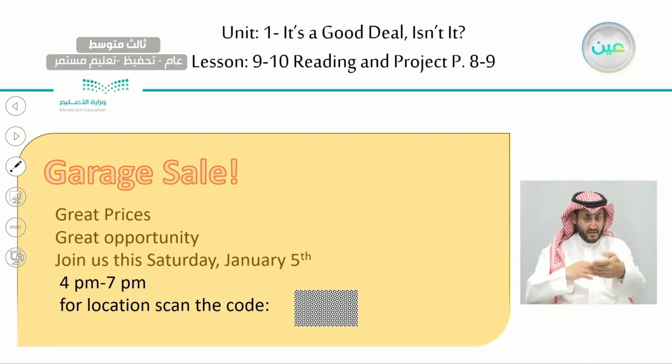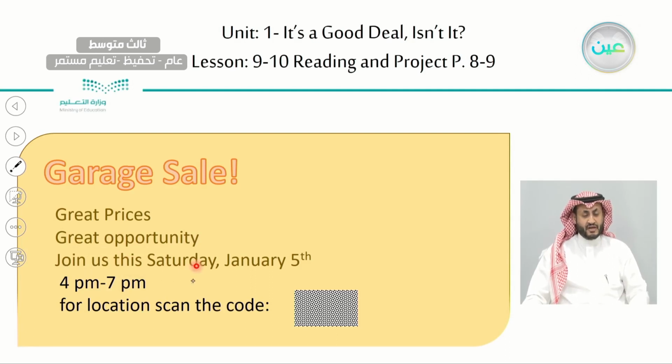This is the announcement for the garage sale. I'm sure you're going to do much, much better than this one. You can post pictures in it and make it more attractive. We have garage sale, great prices. So people will say, it's a good price. I want to attract people. Great opportunity.